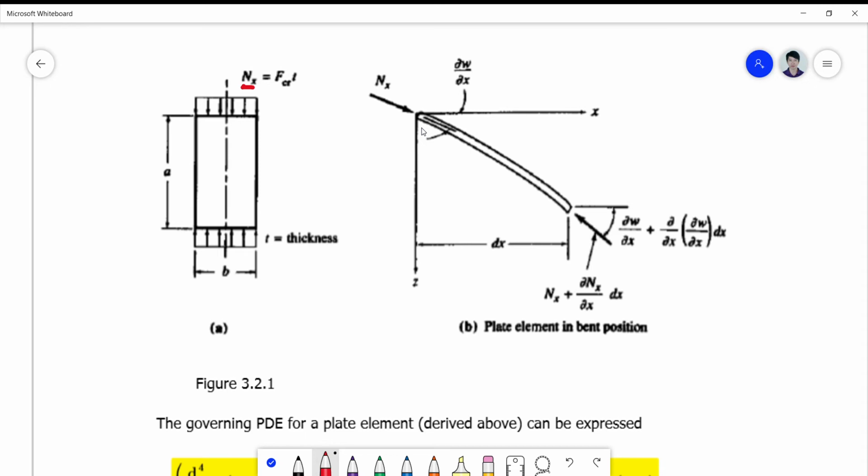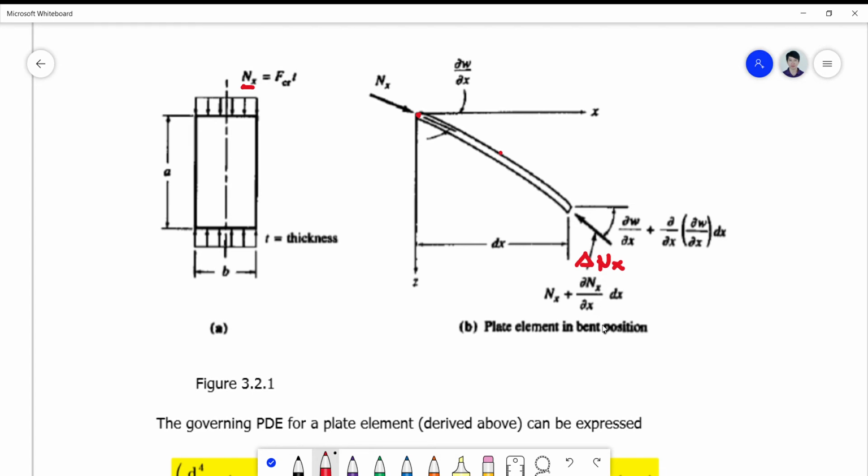So we take note that the force Nx at the initial end is magnified by simply adding an equivalent delta Nx here, which is simply defined as the partial derivative of Nx with respect to x, dx.